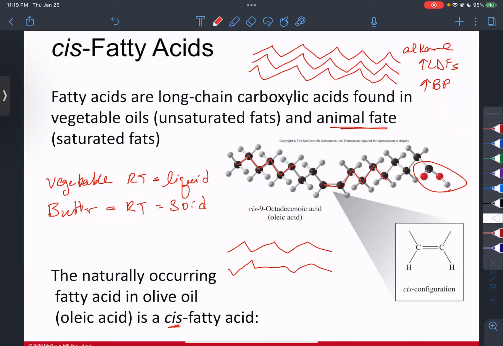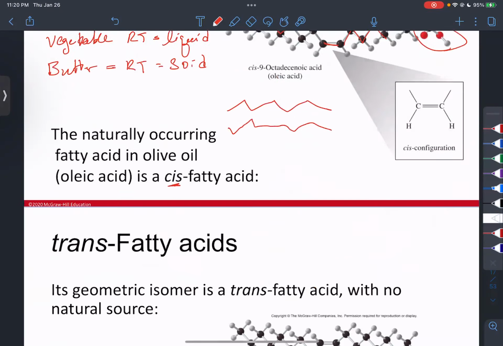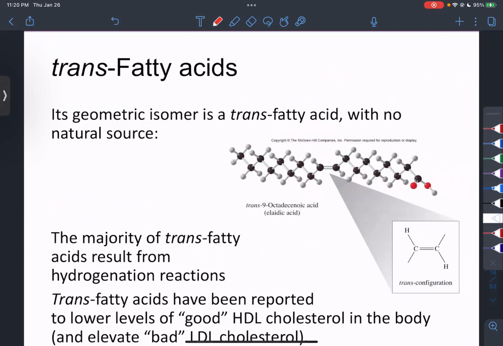So if we talk about fatty acids, it's really important to talk about cis versus trans in our diets. Basically, we've been eating cis fatty acids for a long time. So our bodies know how to handle that. But trans fats aren't quite so highly regulated. And so if you have too much in your diet, it's actually detrimental for you because you don't have the enzymes there to metabolize the trans fats.